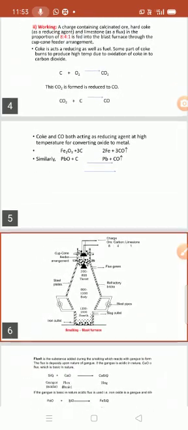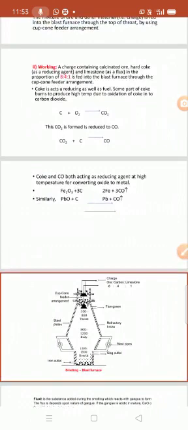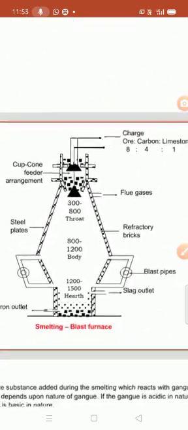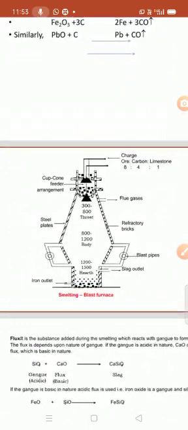First we see the construction of a blast furnace. This is the diagram we are looking at. It is a tall cylindrical furnace about 20 to 30 meters in height and 4 to 8 meters wide at the broadest part.